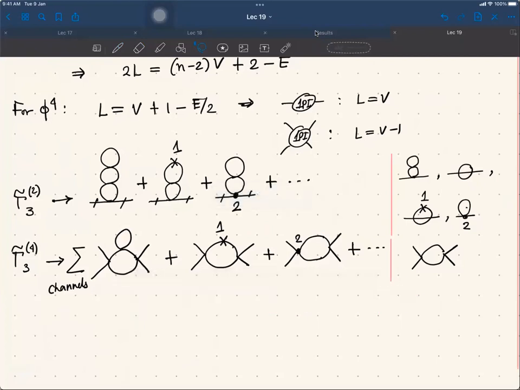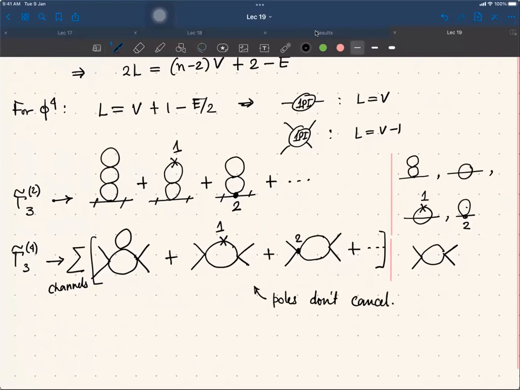Now, when you do add all these diagrams, the poles will not cancel, resulting in the fact that one needs to add another new vertex here at this level.